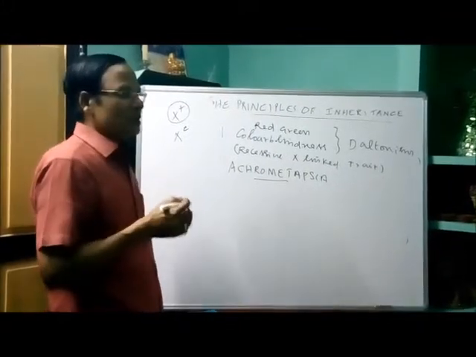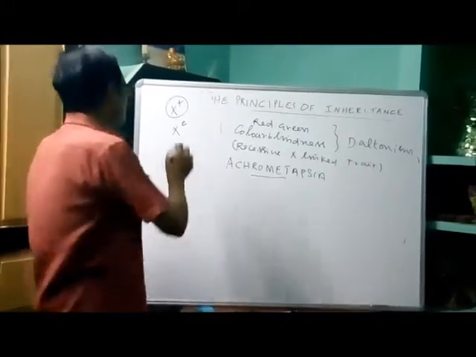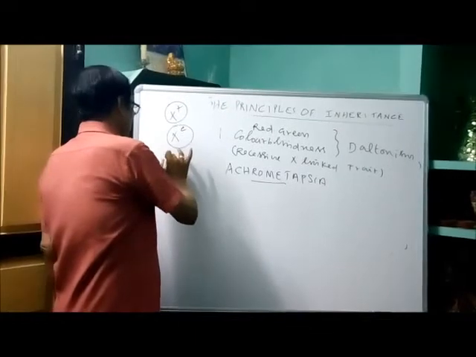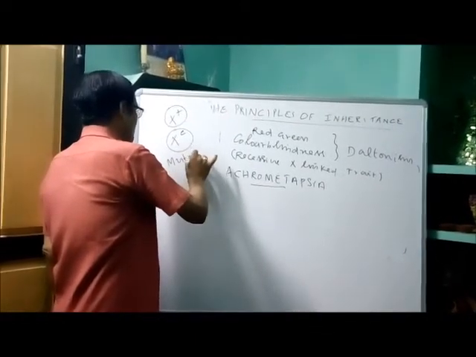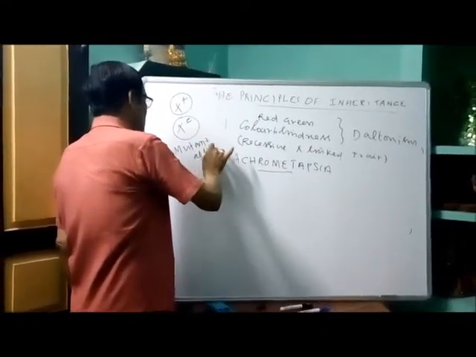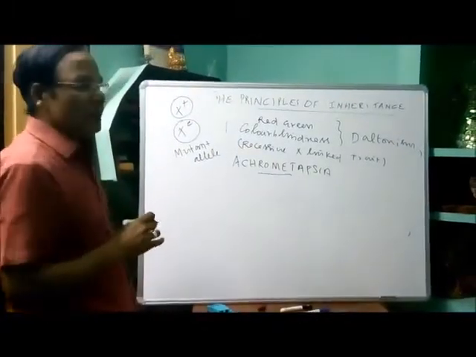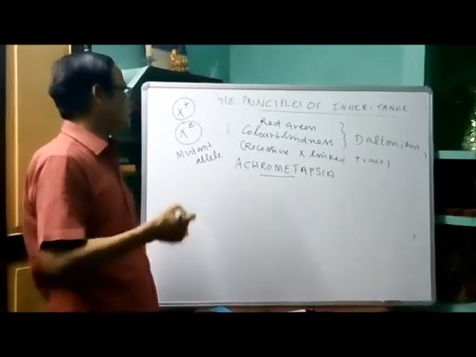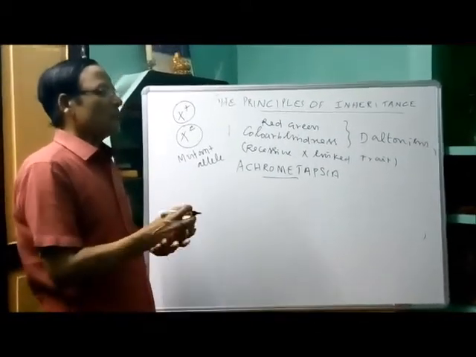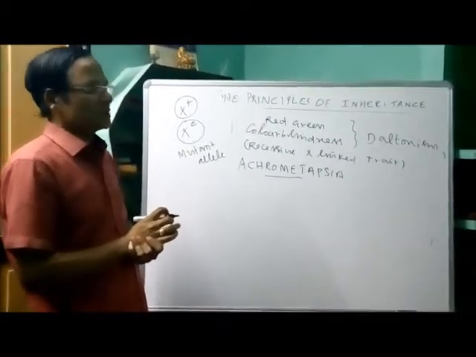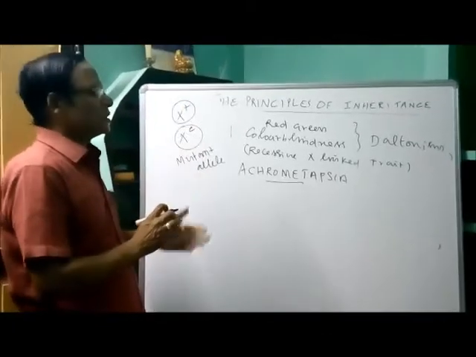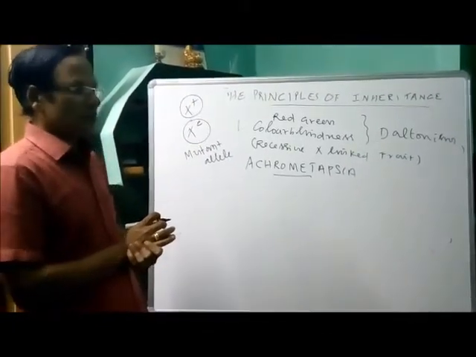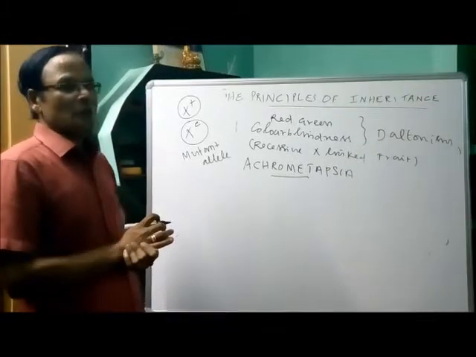When a particular gene is mutated, it becomes a mutant allele or recessive gene. The mutant allele is unable to produce the pigment either for red or for green or for blue. So people are colorblind to different colors. If they have the dominant gene, they can see all the major colors: red, green and blue.